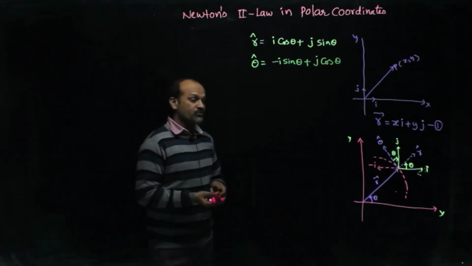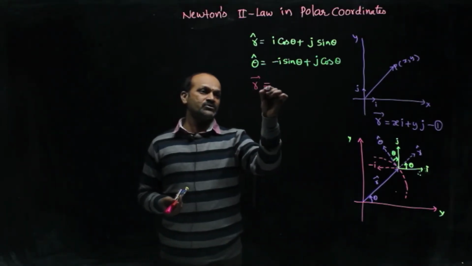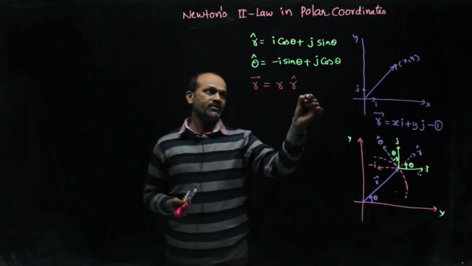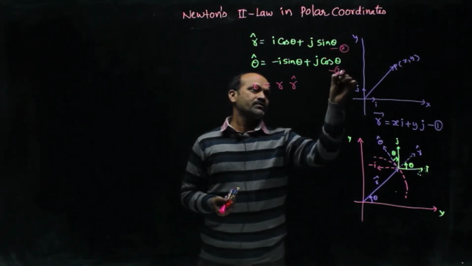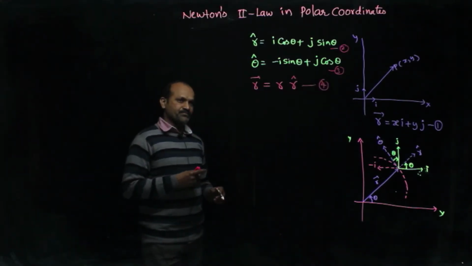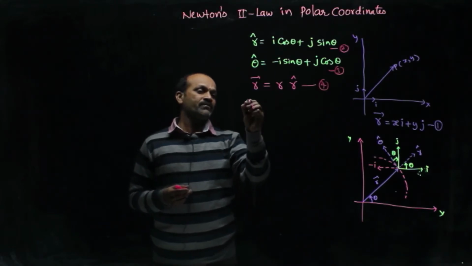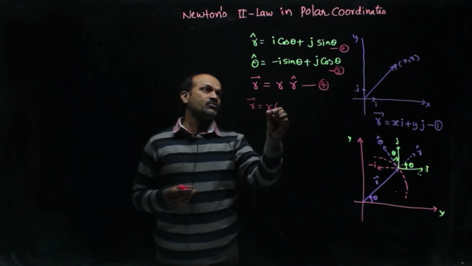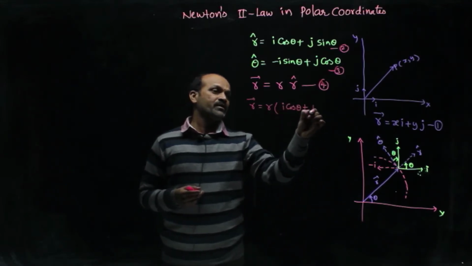In terms of unit vector, r bar is the magnitude into its unit vector. Equations 2, 3 and 4. Let us substitute this r cap over here. Then you will get r bar is equal to r into i cos theta plus j sin theta.